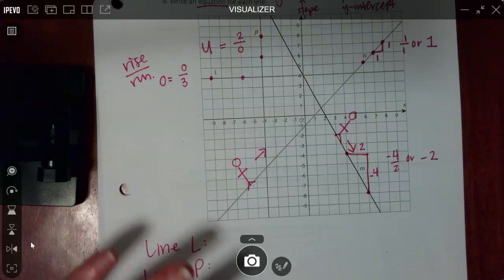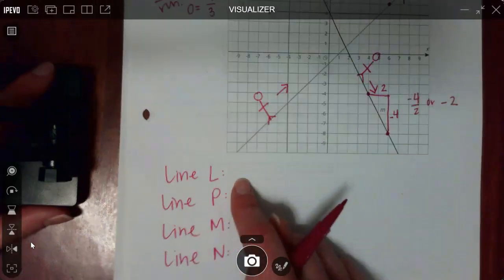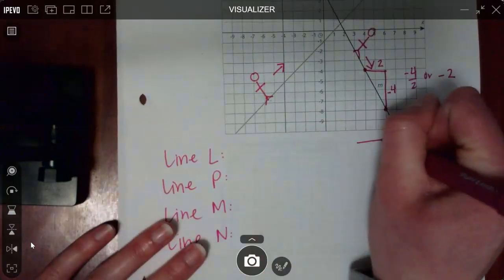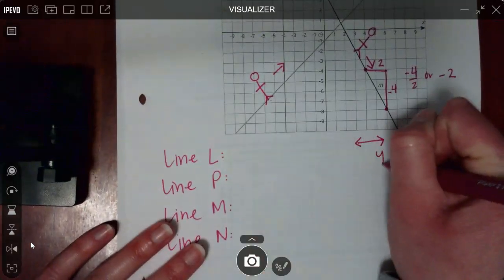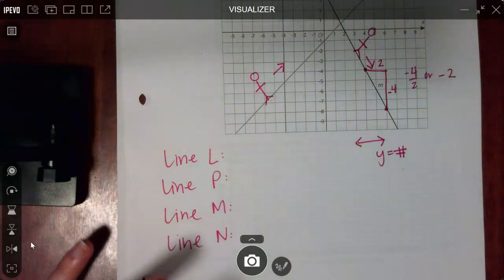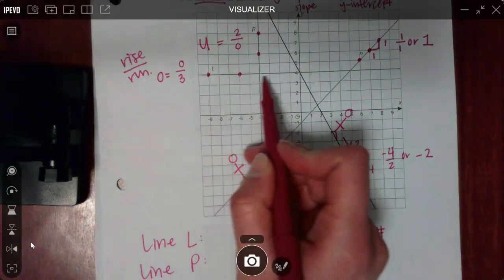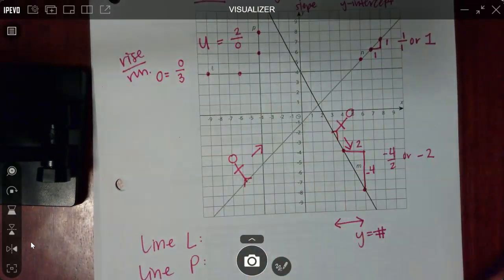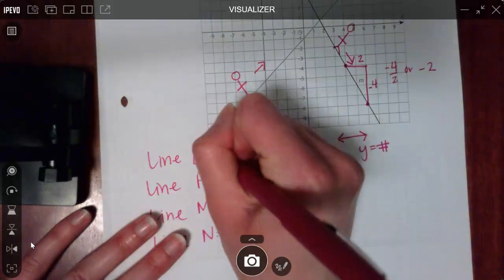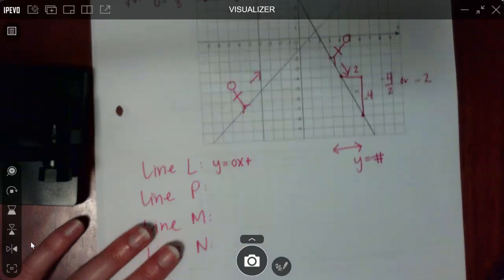Great. Now I can start writing my equations. In your notes, you have something that says if I see a line that is flat, the rule is y equals a number. That's it. So what number does y have to equal? What is it going to be every single time on this line? Because your slope is 0, right? So if I wrote y equals 0x plus, where does it cross on the y?